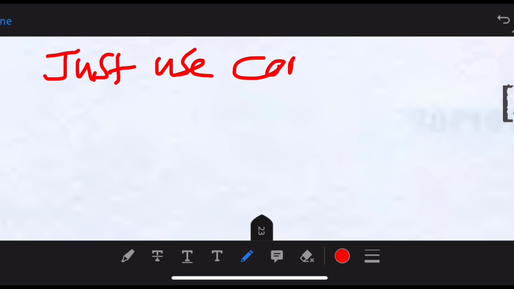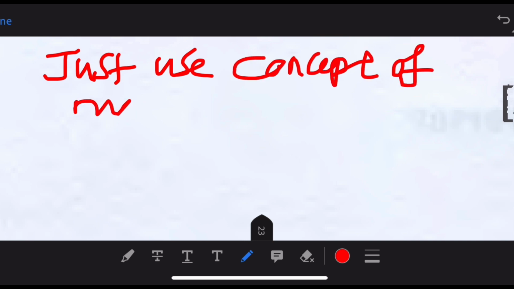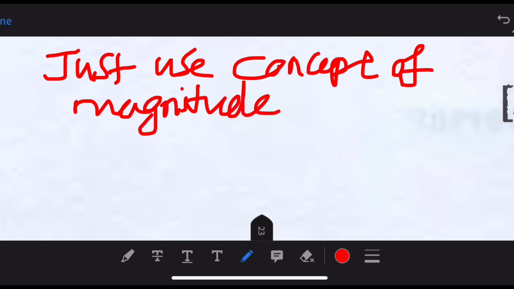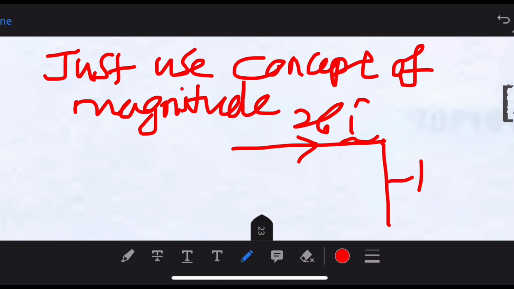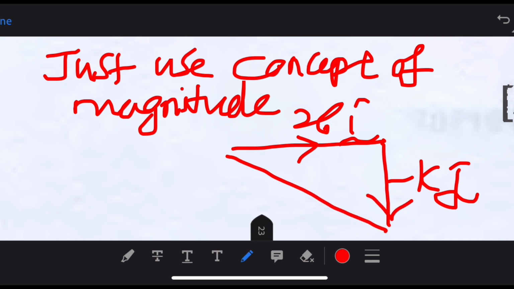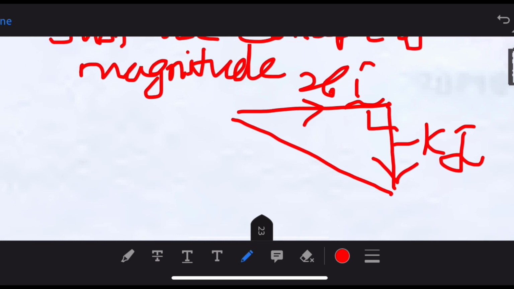Now this question is about the concept of magnitude. We are still in part B of the vector. You have 26 along the x-axis and negative k along the vertical axis. We have to find the resultant vector.